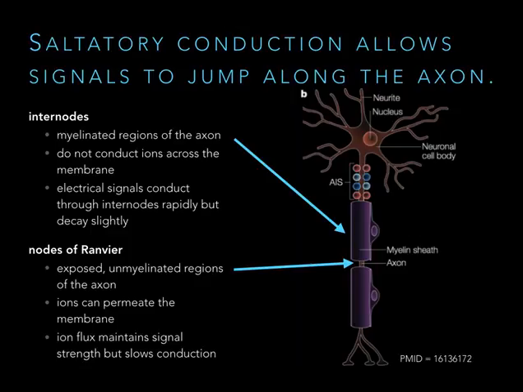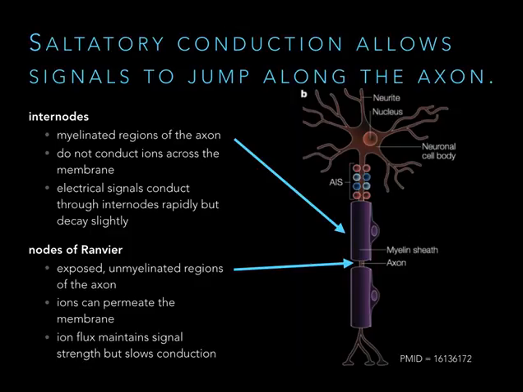So the internodes have incredibly high membrane resistance. Essentially no ions will cross the membrane. So any electricity that we generated in that action potential is going to flow passively and very rapidly down the axon to the next node of Ranvier. At each node of Ranvier, we have ion channels.